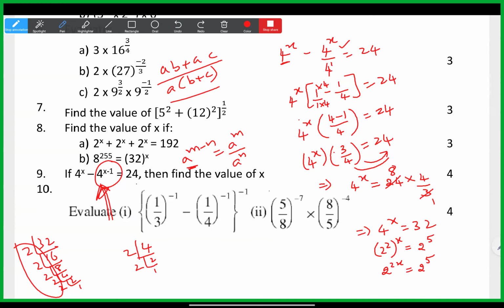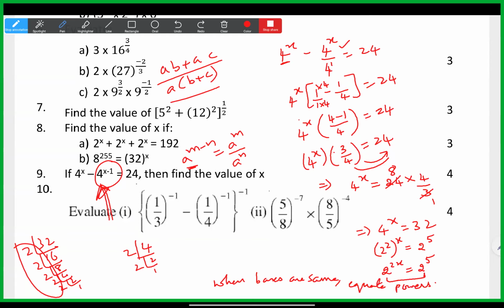Okay. Now there is one point in exponents and powers: whenever in an equation the bases are the same, you can equate the powers. When bases are the same, equate the powers.